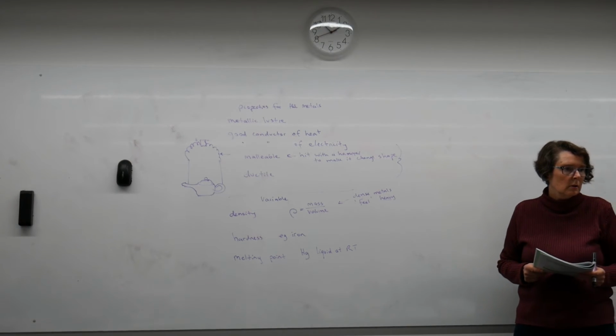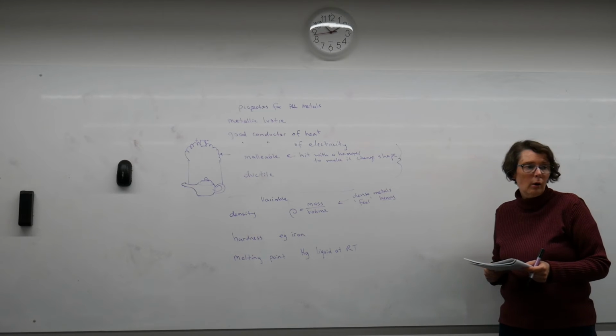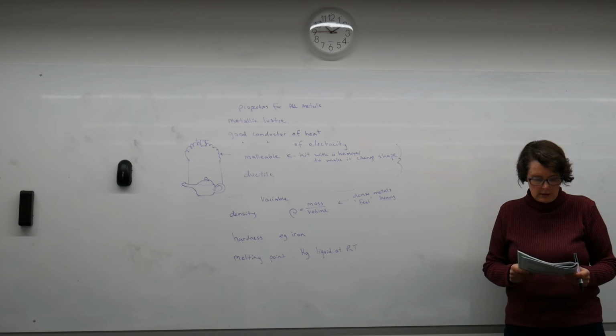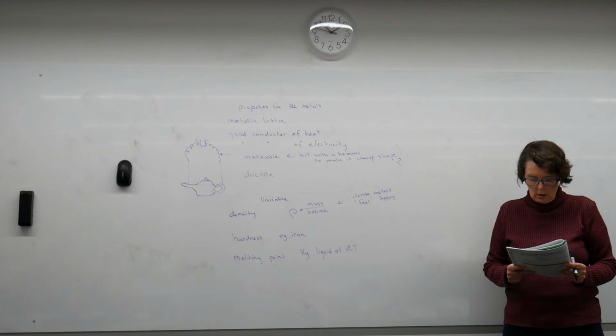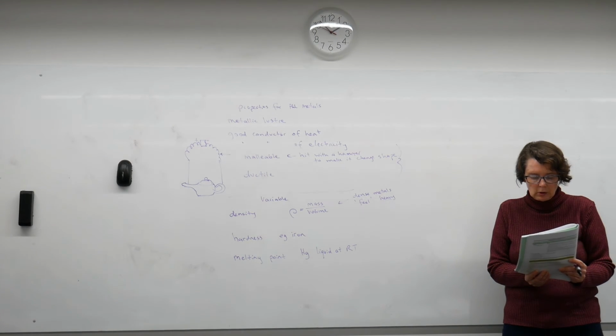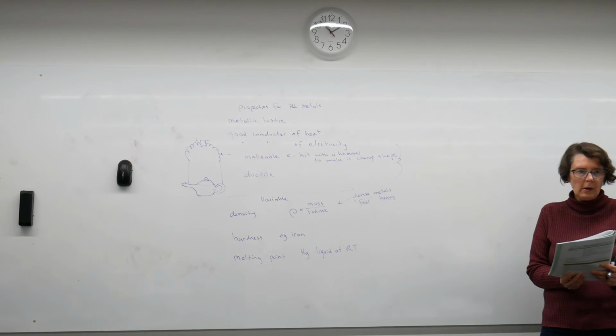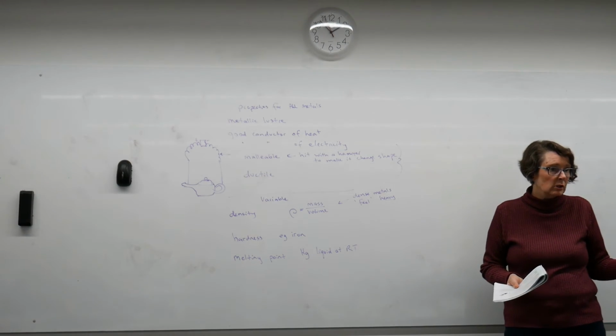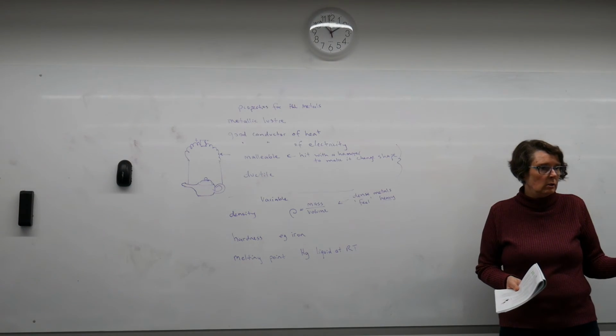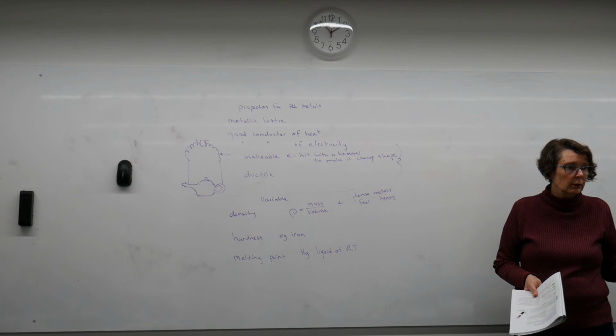What's the freezing point of mercury? That I don't know off the top of my head. Actually, its melting point is minus 39 degrees. So, at around about negative 40, so as cold as your freezer, you'd be able to make mercury solid.